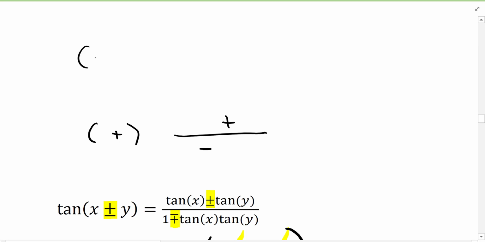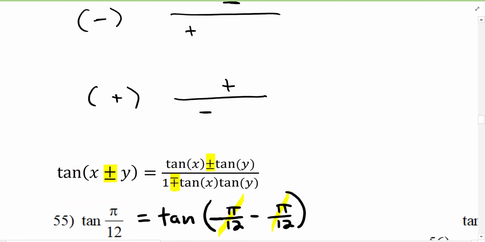But if you have a subtract inside here, you'll have a subtract here and you'll have a plus here. So be careful about that. And then look at, it's tangent of the first plus or minus tangent of the second. Then down below, it's the opposite sign, tangent of the first times the tangent of the second.